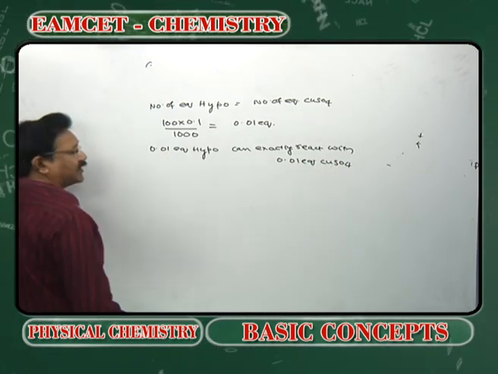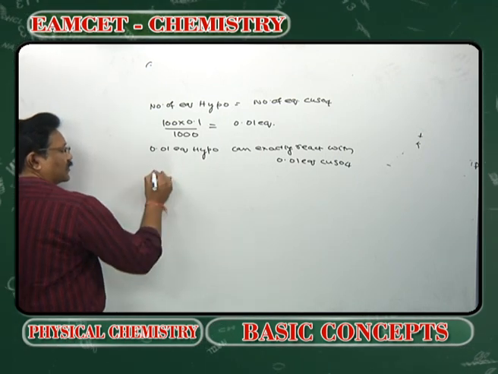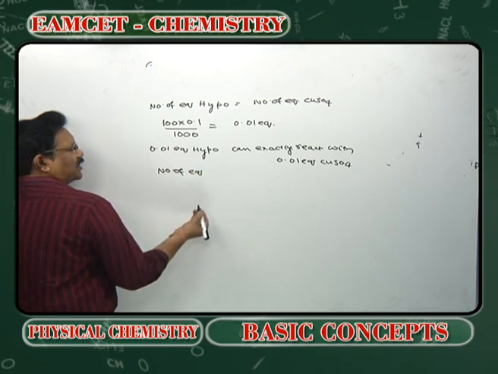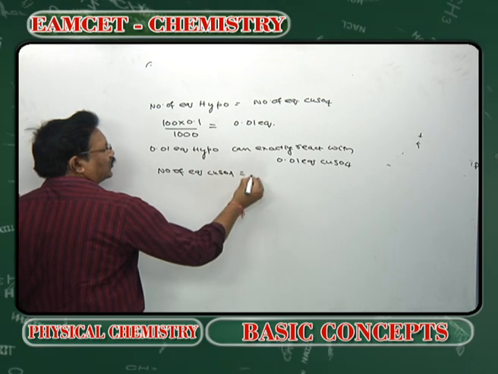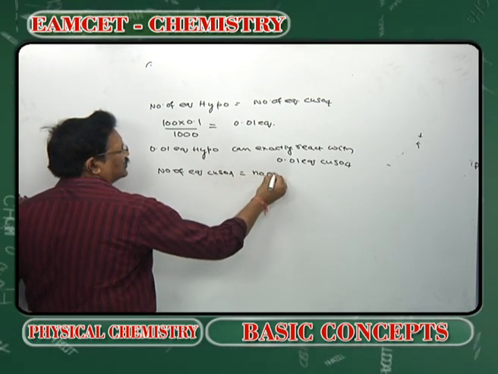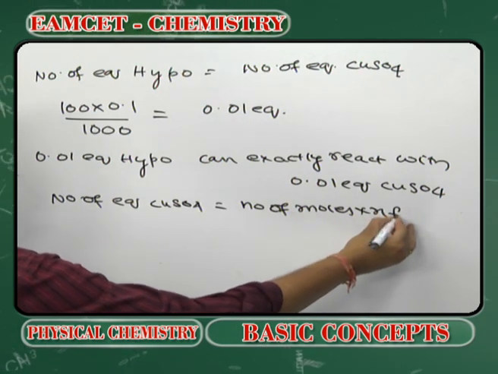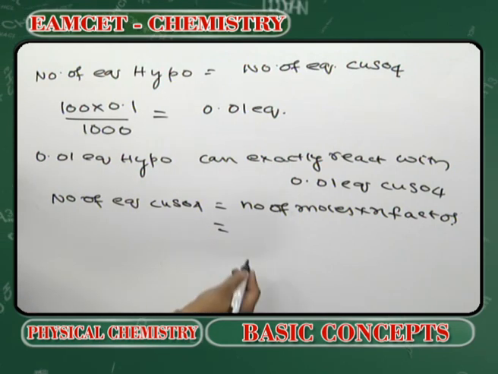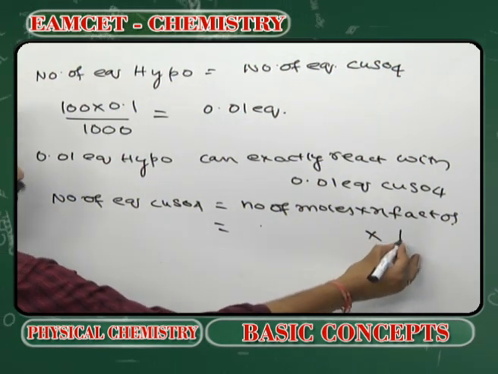In the iodometric reactions, number of equivalents of copper sulfate will be equal to number of moles multiplied by n factor. Here n factor is equal to 1.